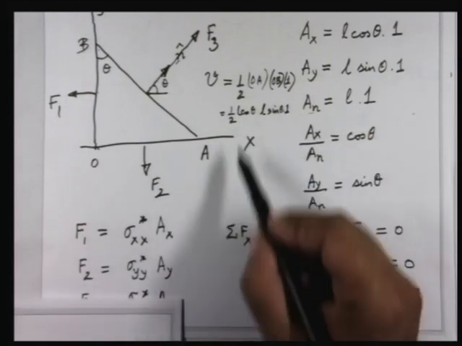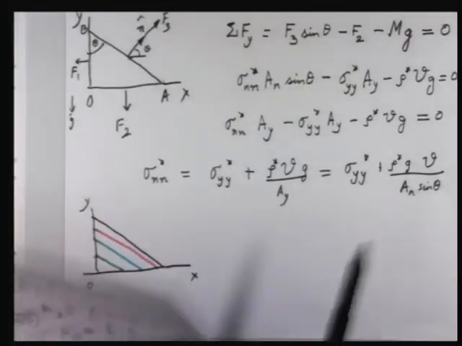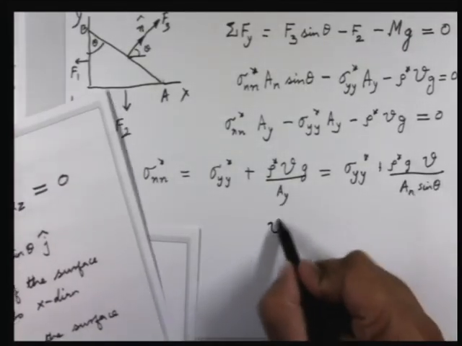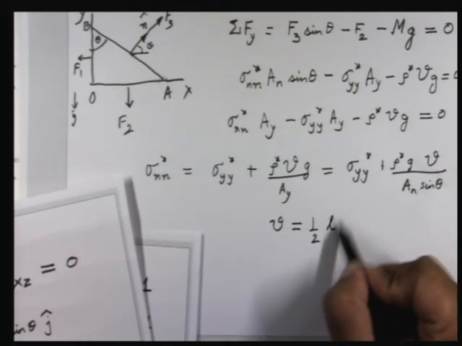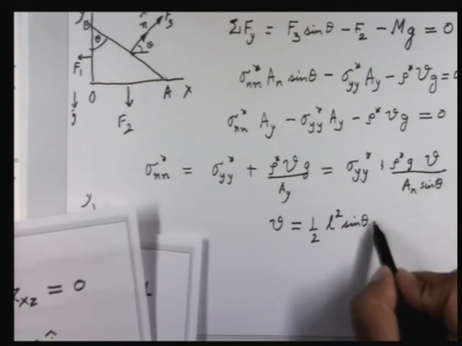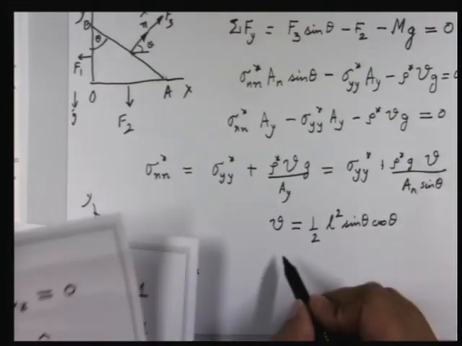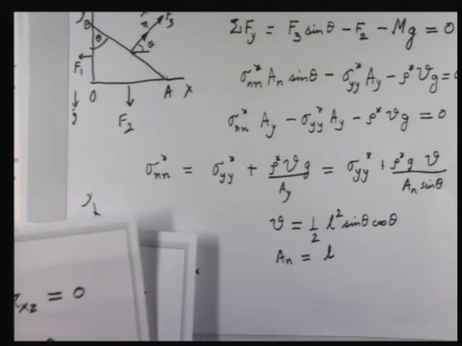So the volume is half L squared sin theta cos theta. So let me come back here and write V as half L squared into sin theta into cos theta, and AN is simply L.